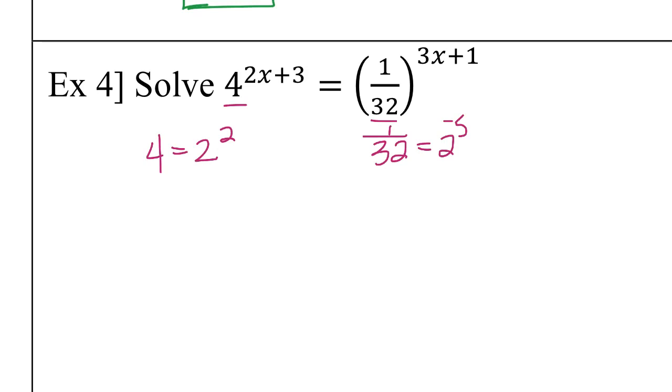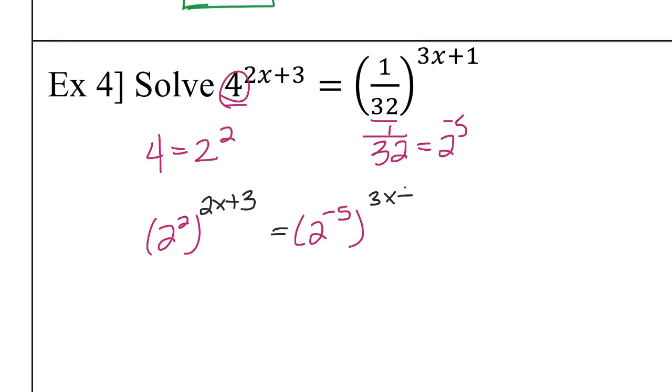So let's go ahead and start replacing. 4 gets replaced with 2 squared, but then I still have this 2x plus 3 exponent on the 4. The 1 over 32 gets replaced with 2 to the -5. There we go. But I still have this exponent of 3x plus 1 on that 1 over 32.